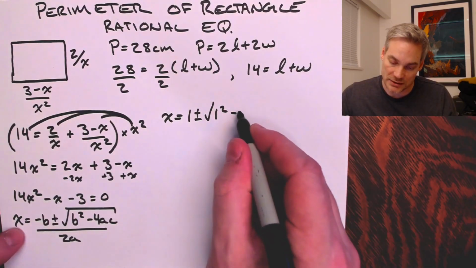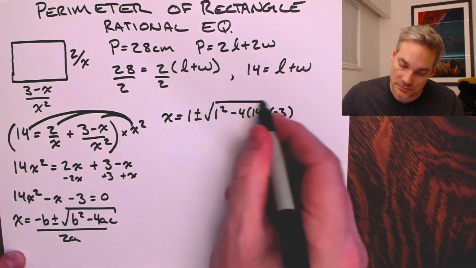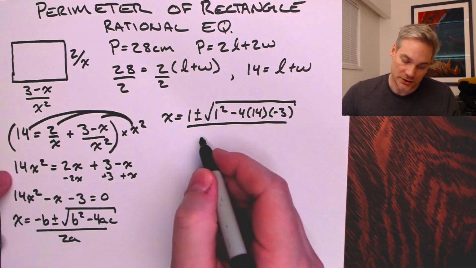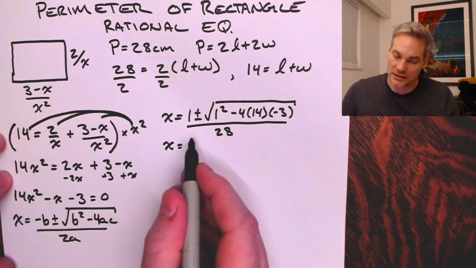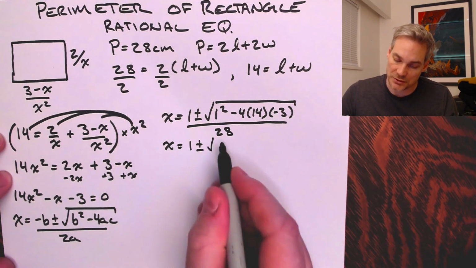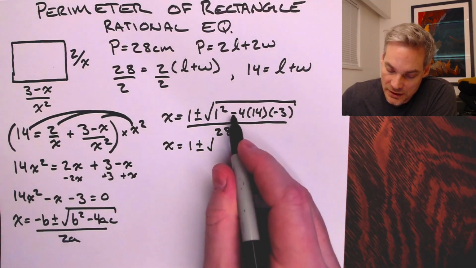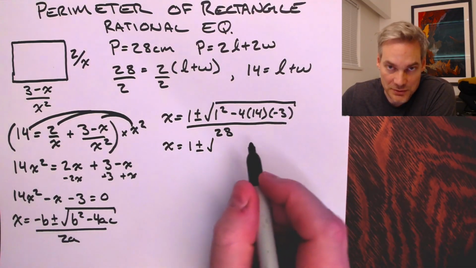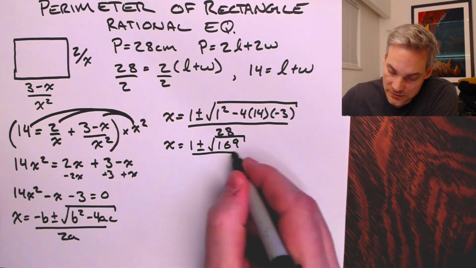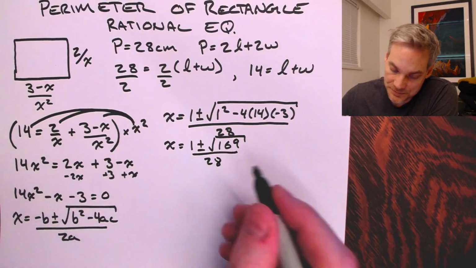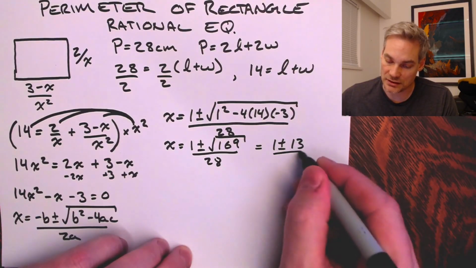Then we have minus 4 times 14 times minus 3, all over 2 times 14, which is 28. And then what we get is 1 plus or minus the square root. And now this is 12 times 14, and a negative and a negative, so that's positive. So 12 times 14 is 168, plus 1 is 169, all over 28. And that equals 1 plus or minus 13 over 28.